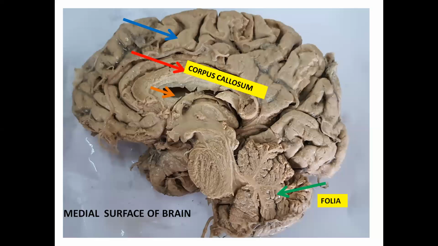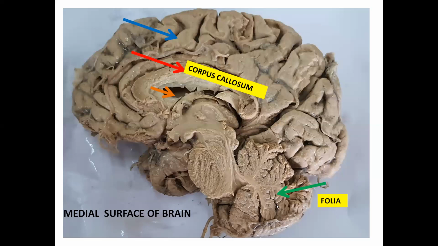The green arrow, yeah, it's the cerebellum. You see the medial surface of the cerebellum here. So the cerebellar cortex also has numerous fissures. The area between these fissures is called folia. The cerebellum is divided into right and left cerebellar hemispheres connected by vermis.